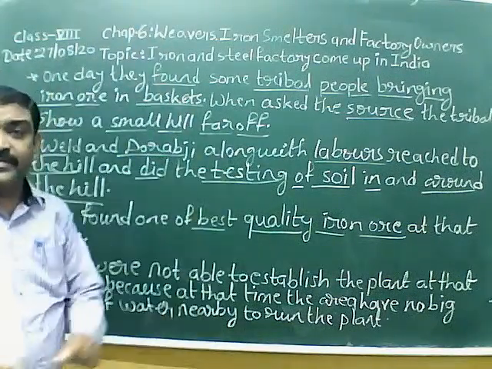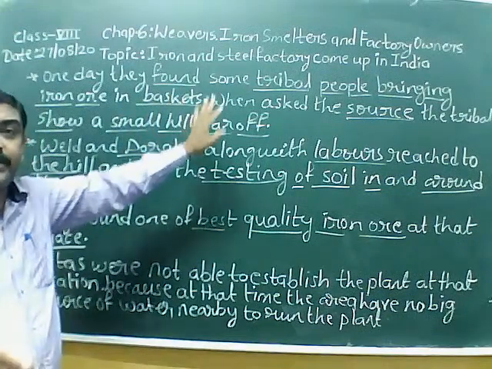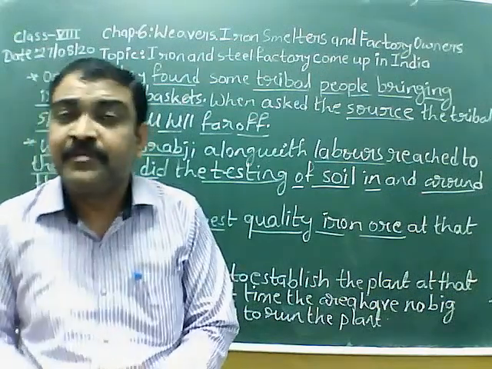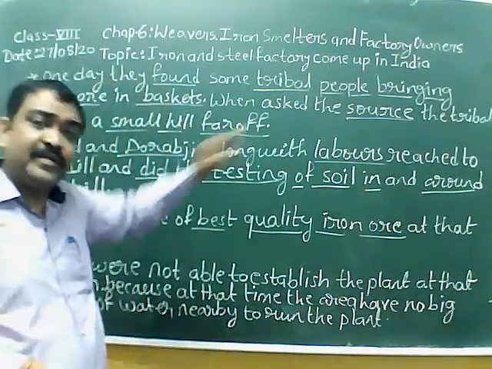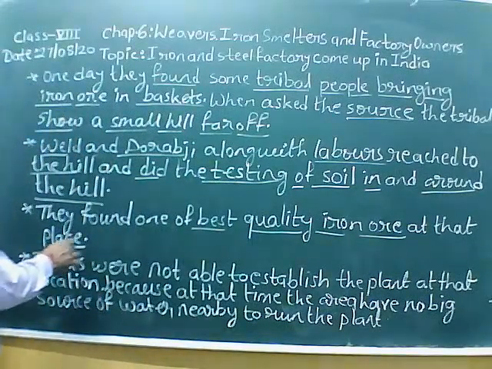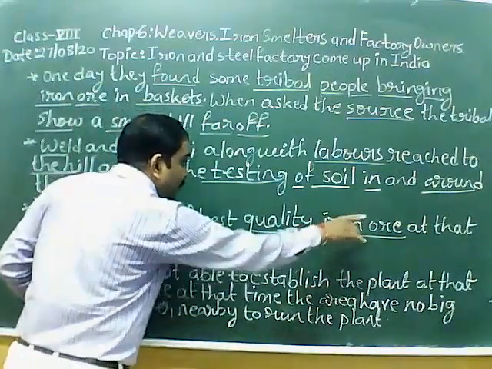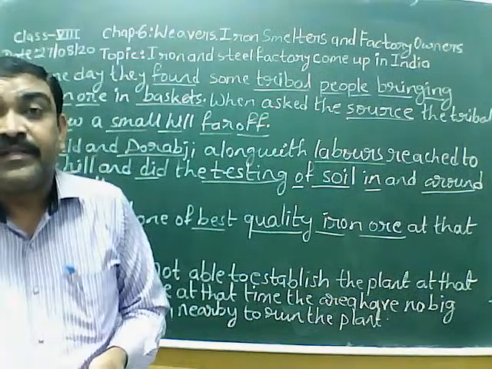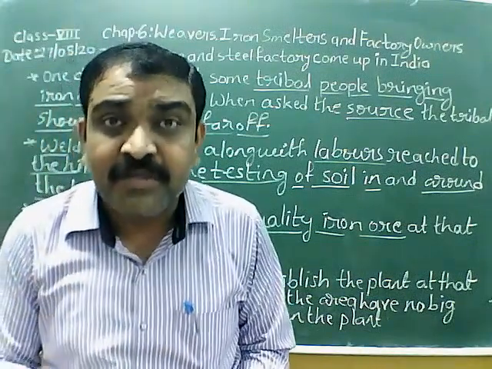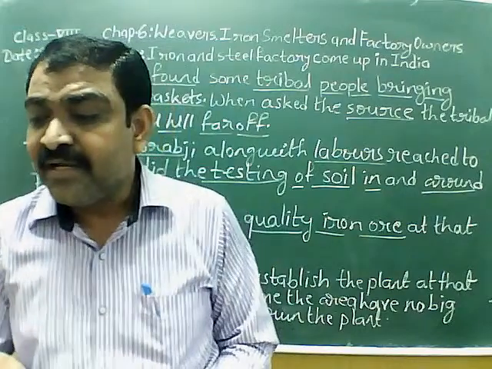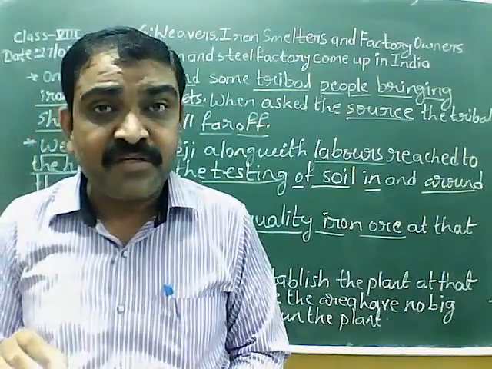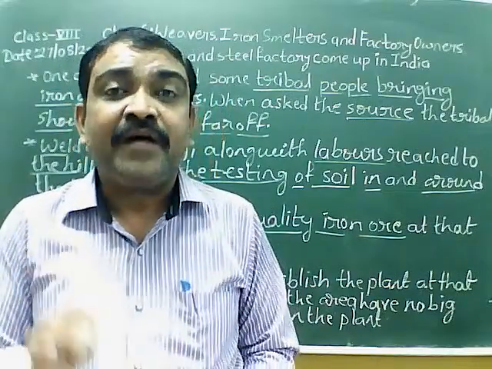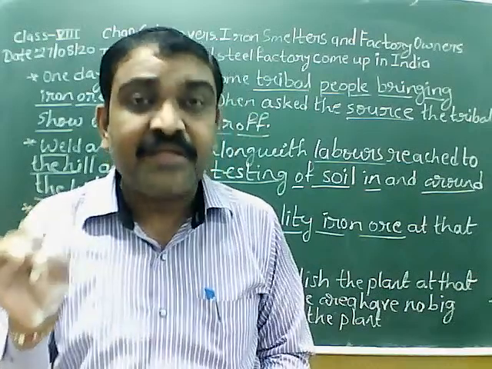They spent a lot of money, both Dorabji as well as Charles Weld spent many months in search of iron ore, and finally they were able to find one of the best quality iron ore at that place. But still, they were not able to establish the iron and steel plant at that place. बावजूद उसके भी उस प्लेस पर क्या एस्टेब्लिश नहीं कर पाए बेटा? आयरन और स्टील प्लांट एस्टेब्लिश नहीं कर पाए.